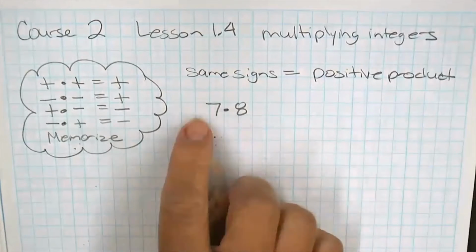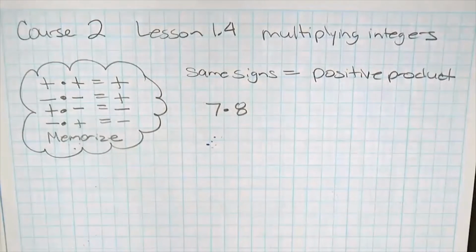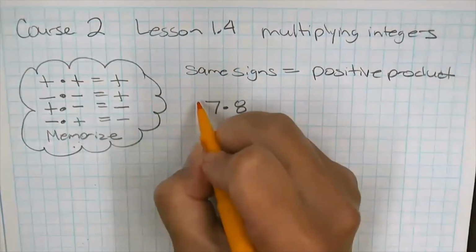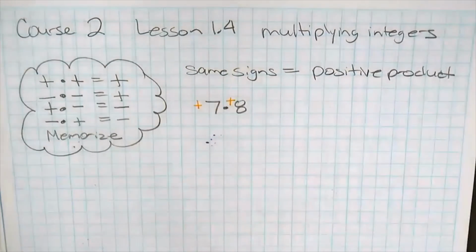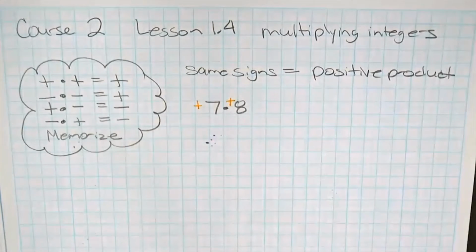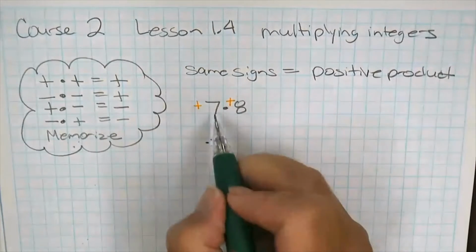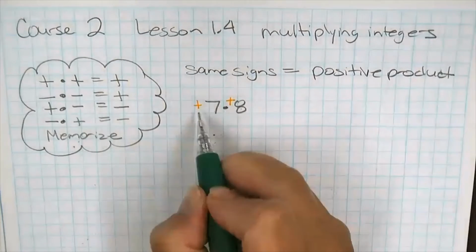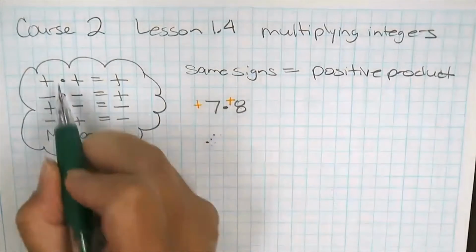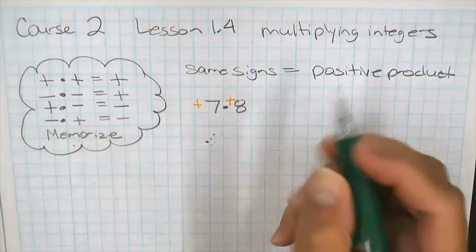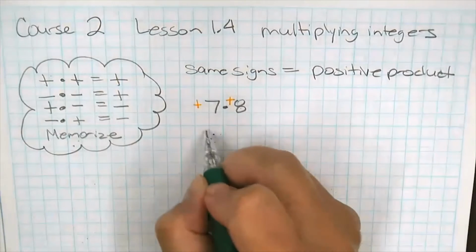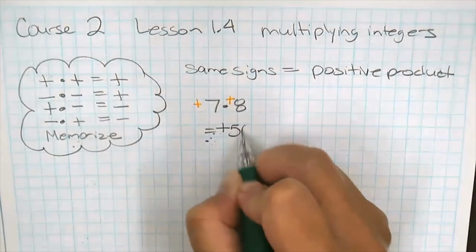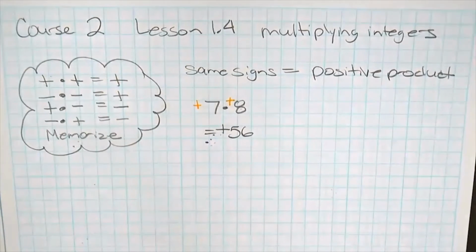Remember, if there's not a sign in front of the number, it is an implied positive. So you can either remember that or you can pencil it in if it helps you out. This is a positive times a positive, so my answer is going to be positive 56.